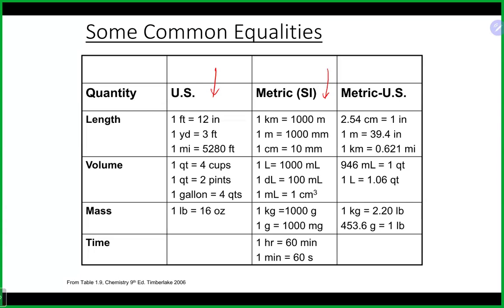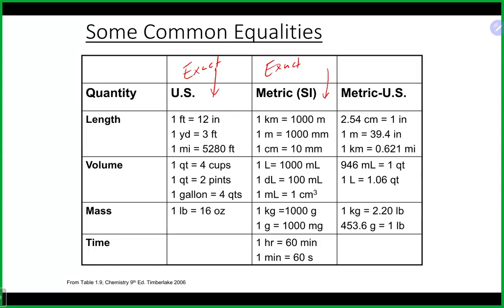If you're using any US to US conversion, it's going to be considered an exact number, which means you don't have to worry about it in your calculation in terms of your answer. If you're using any metric to metric conversion, basically anybody in this column or any other metric to metric, it also will be considered an exact number. So once again, you don't have to worry about that conversion factor in your calculation in terms of what your answer should end up being.